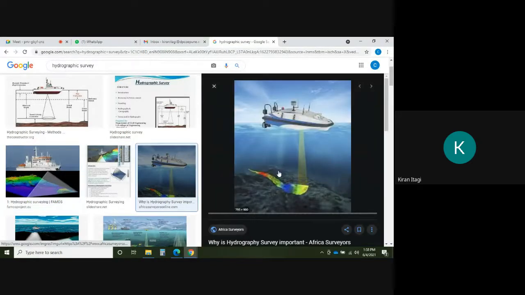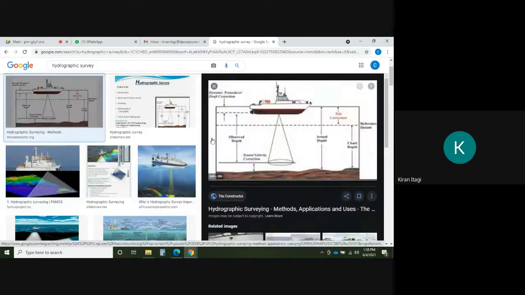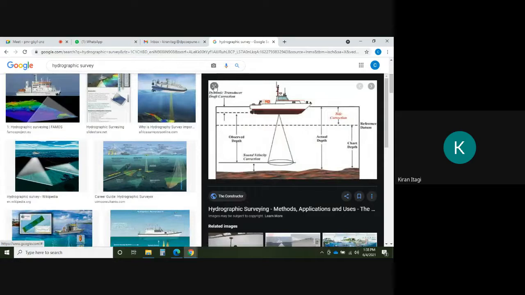See like this, the rays are emitted, they hit the ground and come back to the receiver. By calculating, we know that speed equals distance traveled by time taken. So we know the speed and we know the time, so we will calculate the distance. We have different methods, and we will see what the methods are.